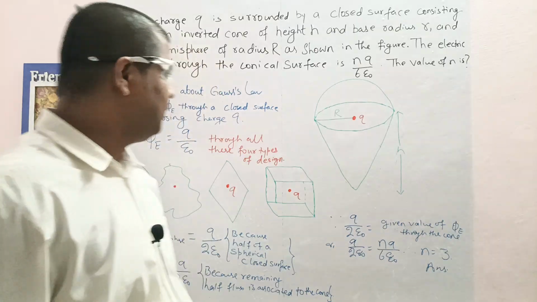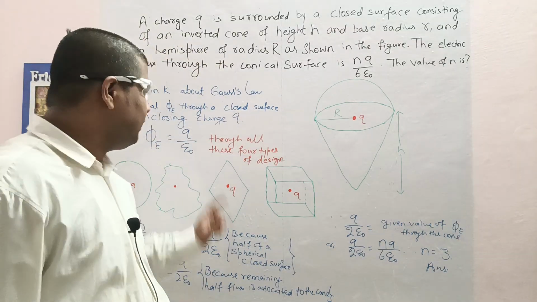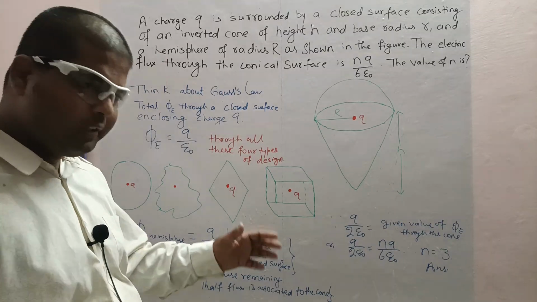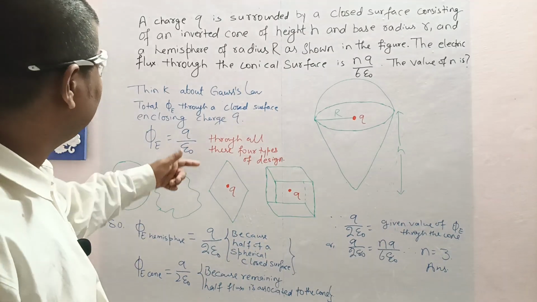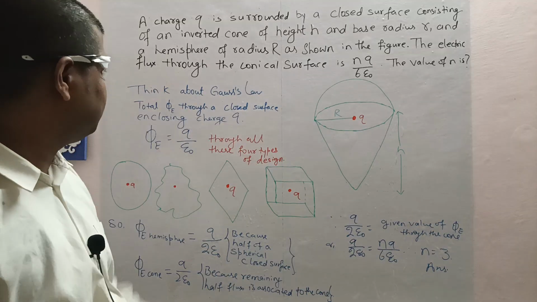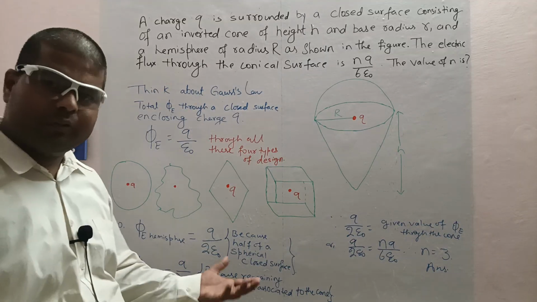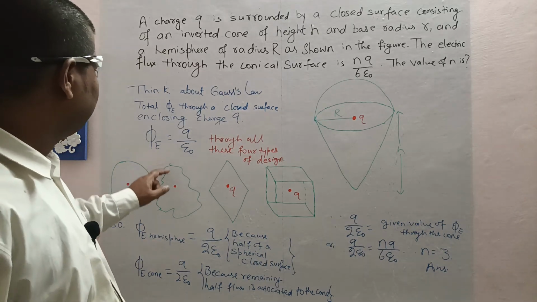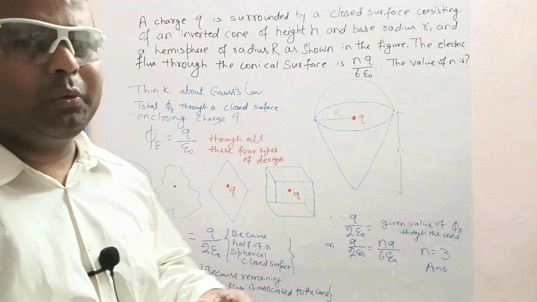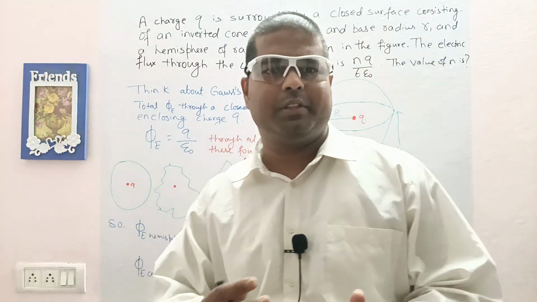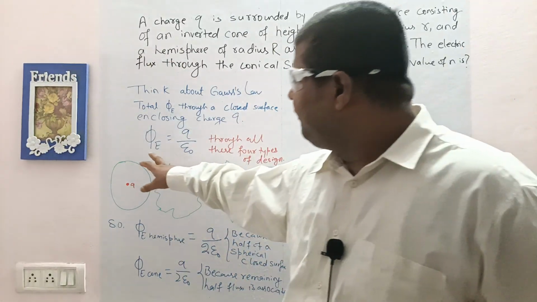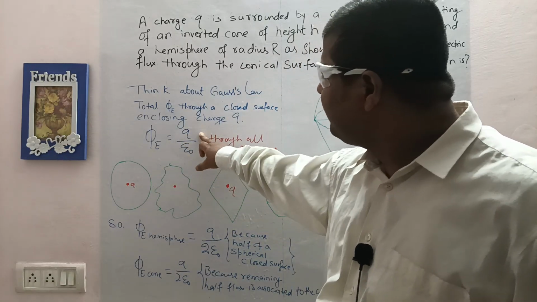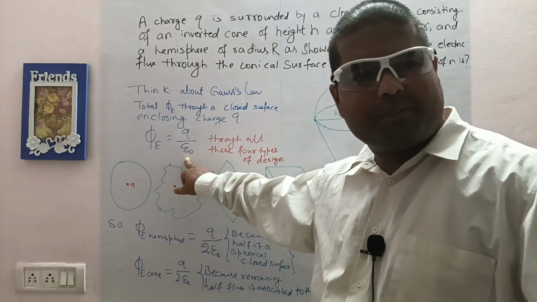That's the question. Clear? See, think about Gauss law. The question is easily solved by the help of Gauss law. What is Gauss law? What does Gauss law tell us? Gauss law tells us that if a charge is enclosed inside a closed surface, the electric flux through the closed surface is always charge divided by epsilon naught.